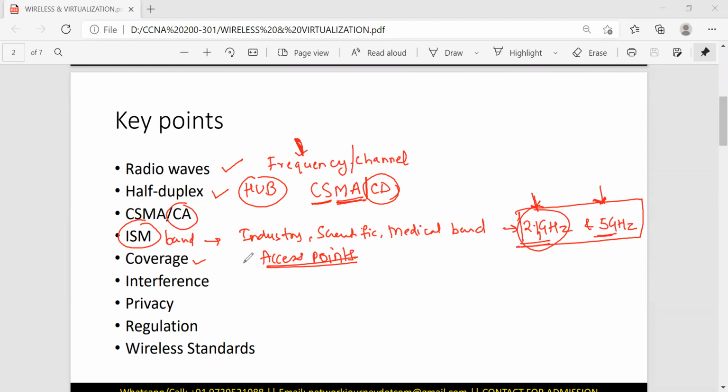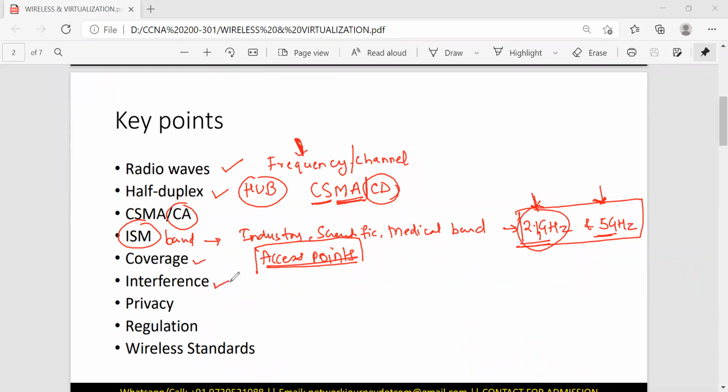Depending upon the number of users in your networking scenario, you need to decide the number of access points. Whether you are at home or at an enterprise, you need to check the coverage by placing the access points so that your users are able to connect and access their network. So it's a very important parameter.